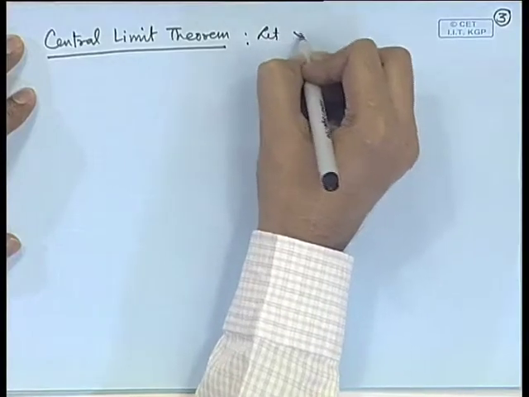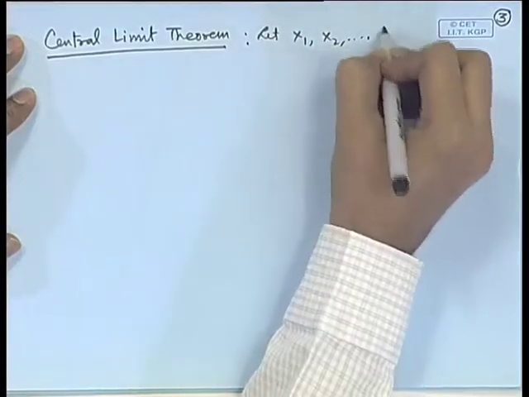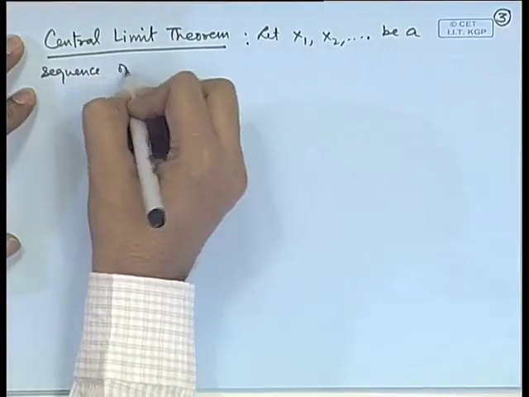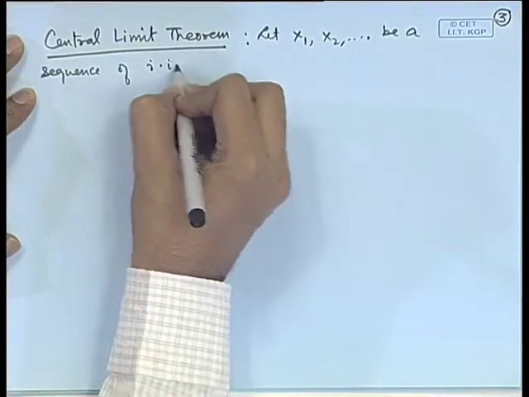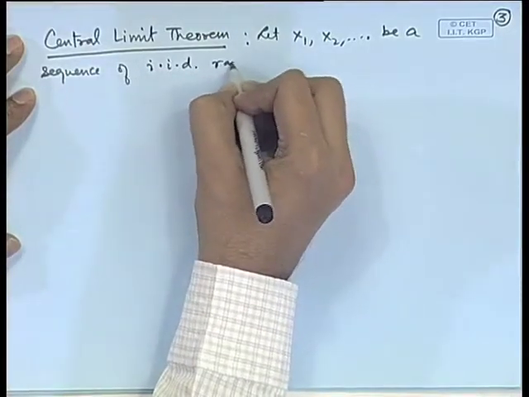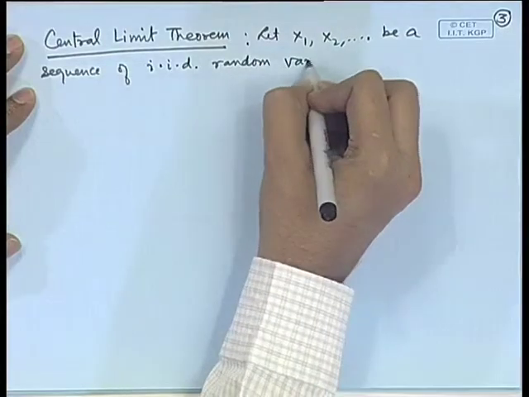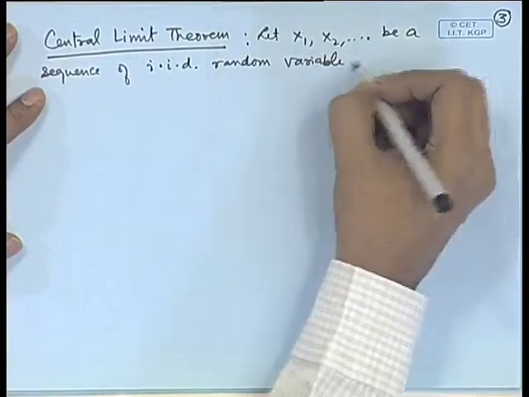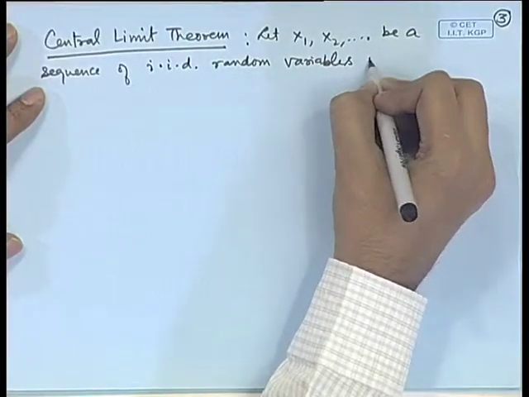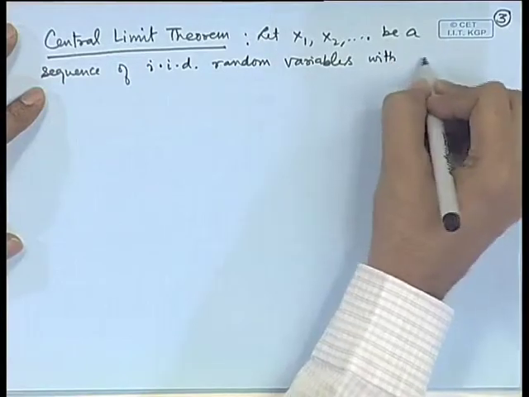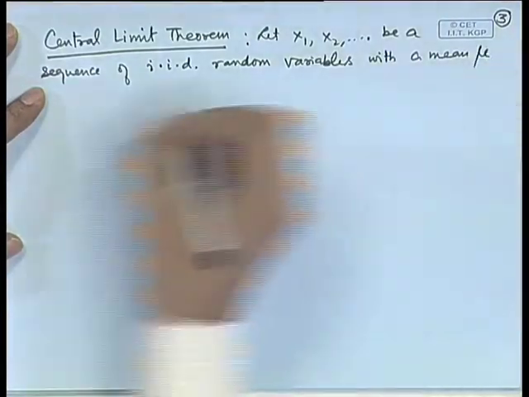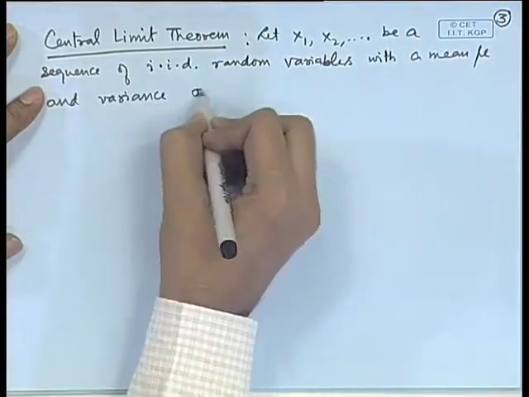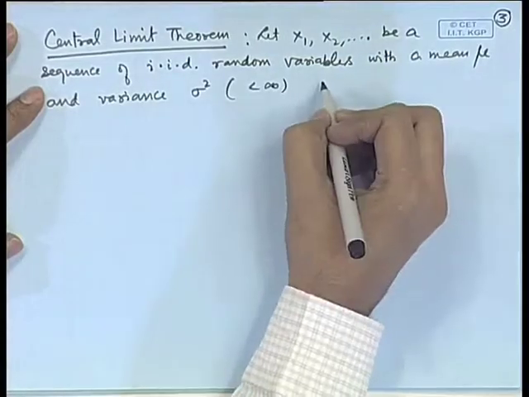So, let X1, X2, and so on be a sequence of independent and identically distributed random variables. Basically, we are taking a sample with a large size. So, IID random variables with mean mu and variance sigma square, which we assume to be finite.